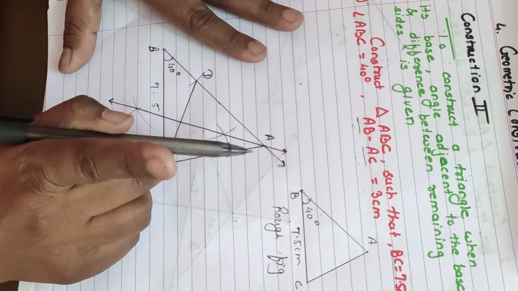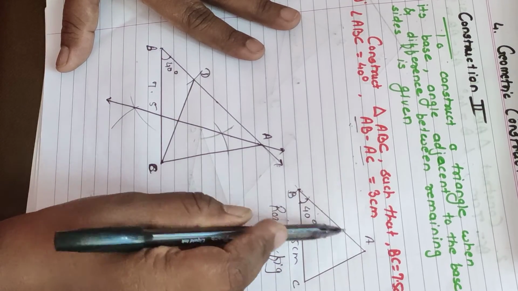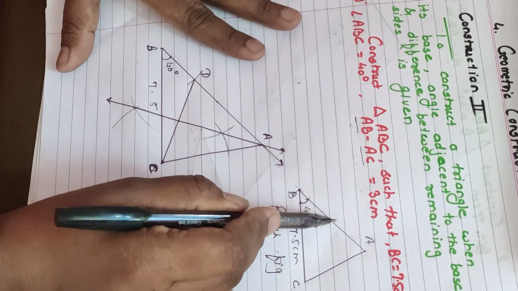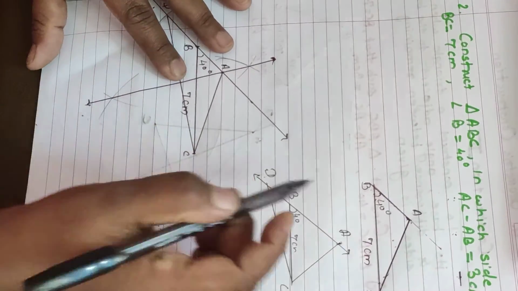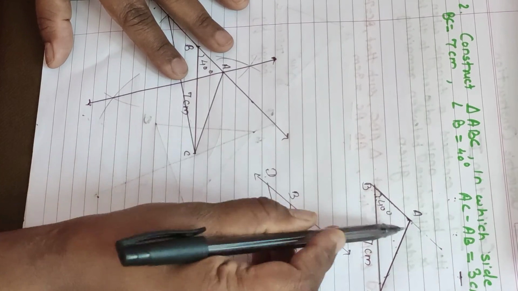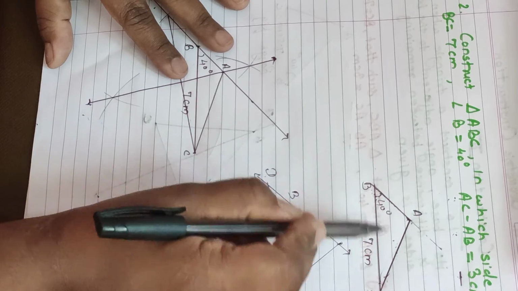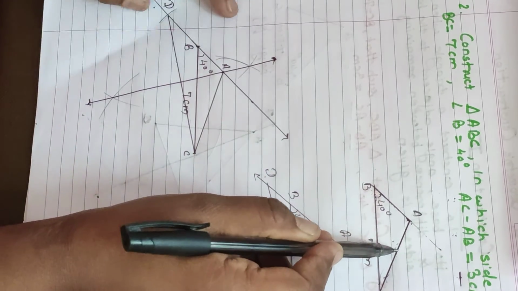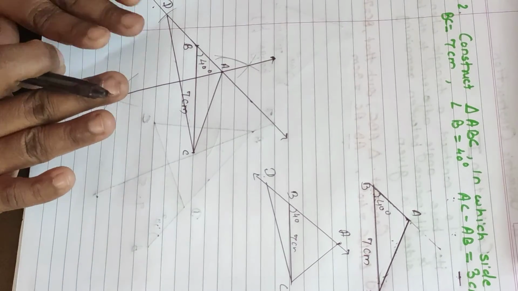One more time I am going to repeat: if the side adjacent to the given angle is greater, the construction is above the line. And if the side opposite to the given angle, AC opposite to angle B that is 40 degree, is greater, then we have to do the construction below the given segment. So this is our construction.